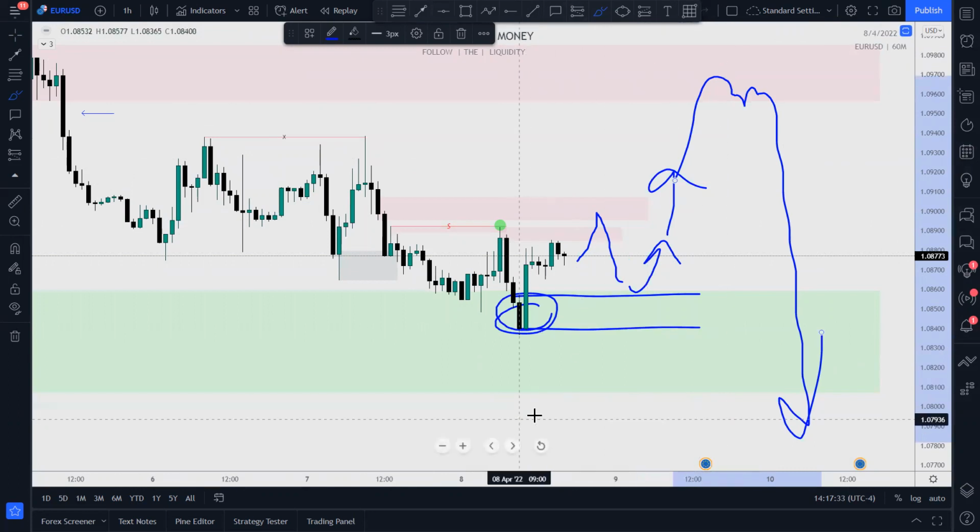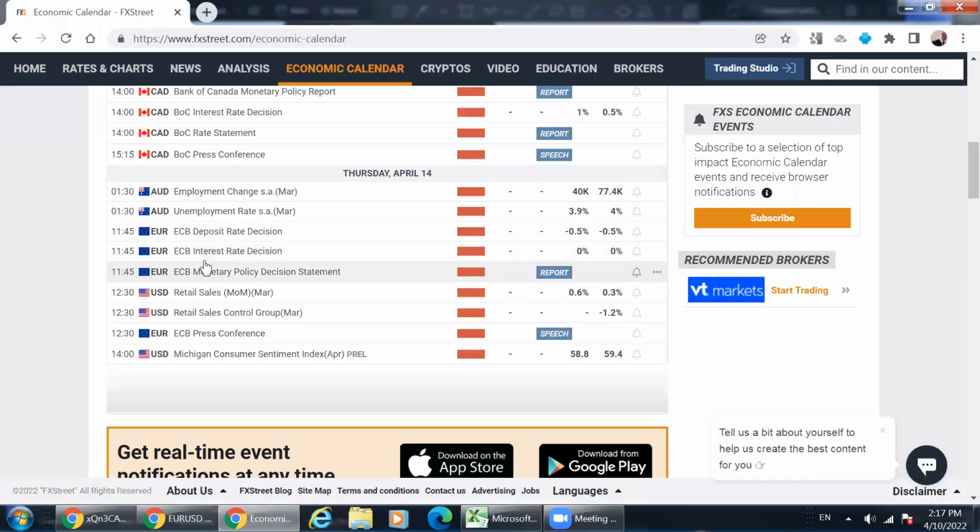We'll see what their policy is coming up on Thursday. I believe it's Thursday. The euro monetary policy decision. Yeah, I'm looking at it right now. Euro policy interest rate decision.